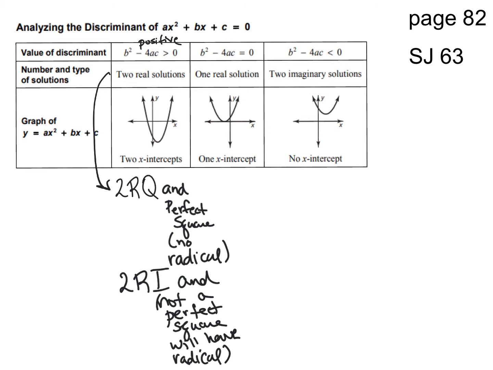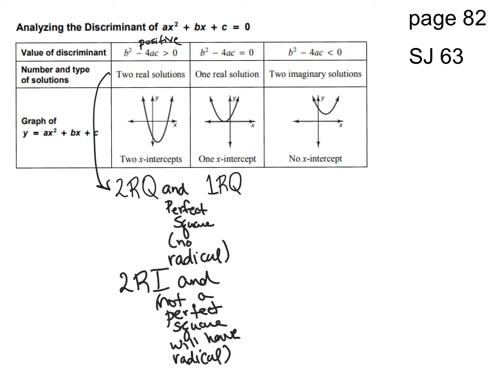So two real rational if you have a perfect square and it's greater than 0. Two real irrational if it's not a perfect square, and you will have a radical in your answer. If the value of your discriminant is equal to 0, then you're going to have one real rational solution.